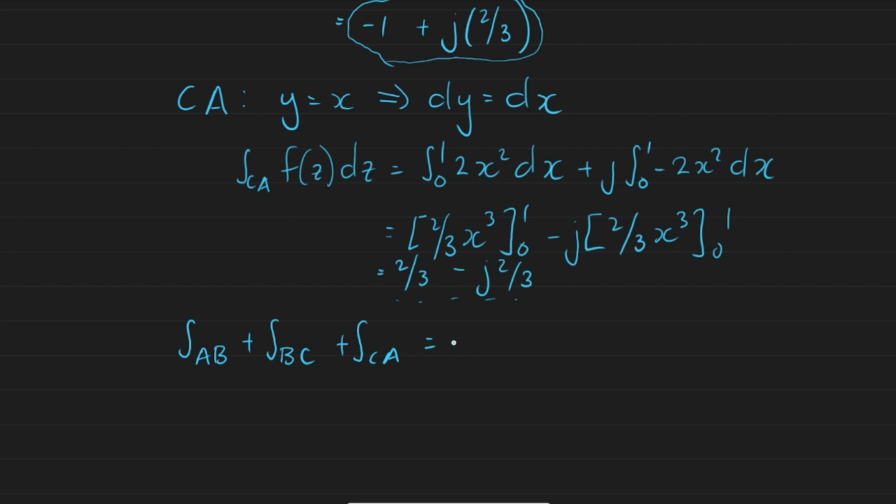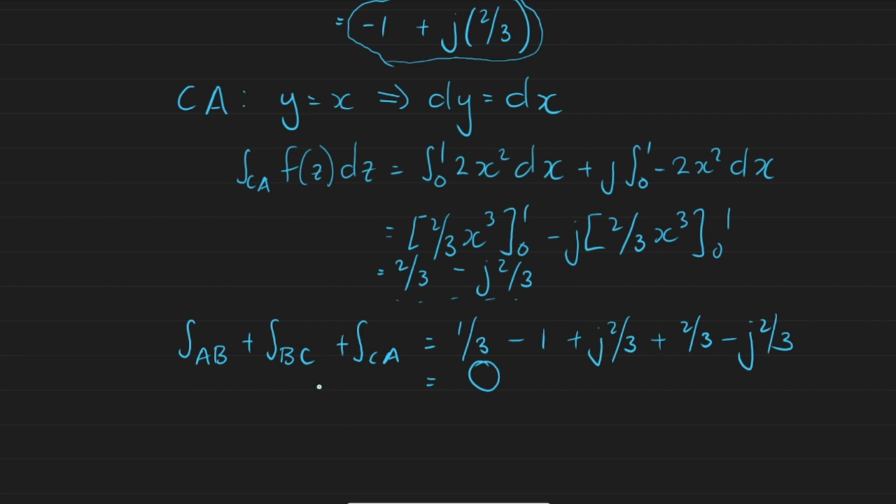So substituting all of that in, we get 1 over 3, then minus 1 plus j2 over 3, and then lastly plus 2 over 3 minus j2 over 3. So 1 over 3 plus 2 over 3 is 1. 1 minus 1 is 0. And then we have 2 over 3 j minus 2 over 3 j. That's also going to give us 0. So we can see that this whole thing becomes 0.